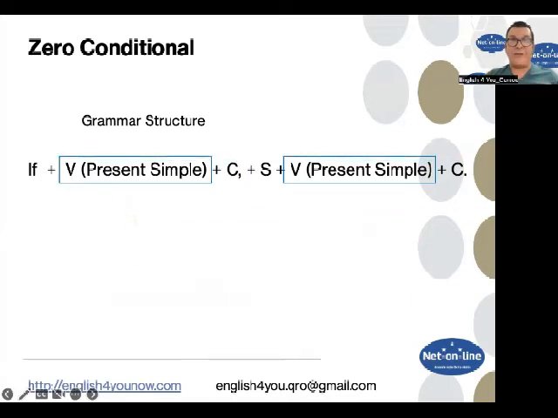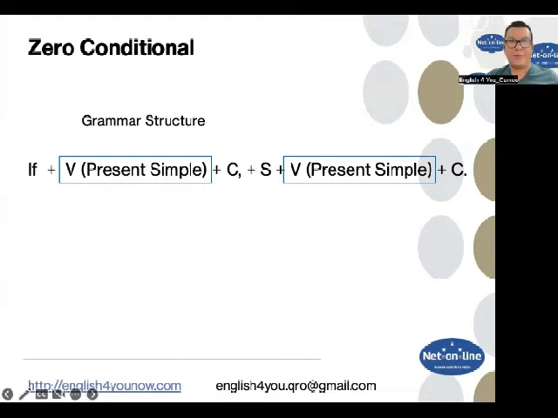Something you have to take a look at here is that both verbs in both sentences of this conditional, both of them are in present simple, right? That's very important. In the zero conditional, both the if clause and the result or consequence clause, both verbs are in present simple.